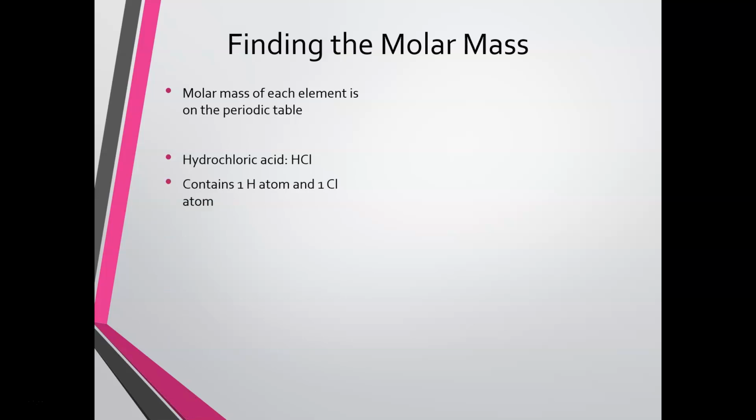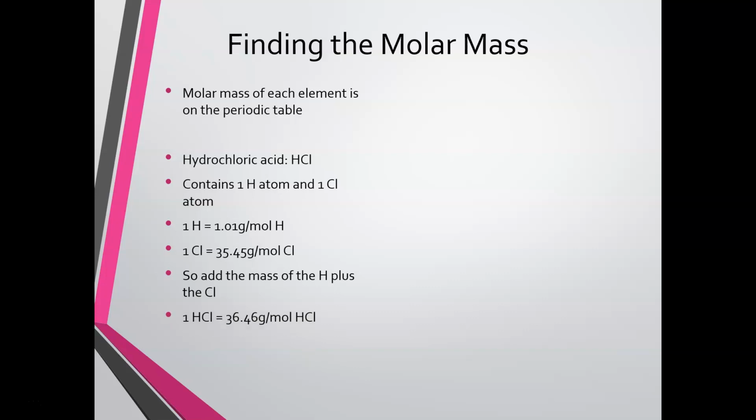That means it contains one hydrogen atom and one chlorine atom. So if we look on the periodic table, we see that one hydrogen is 1.01 grams per mole, and one chlorine is 35.45 grams per mole. So we add those two together because they are together in the compound, and we get that 1 mole of HCl equals 36.46 grams per mole of HCl.